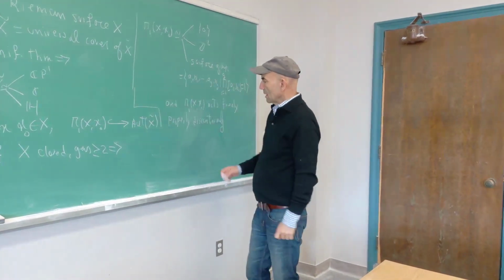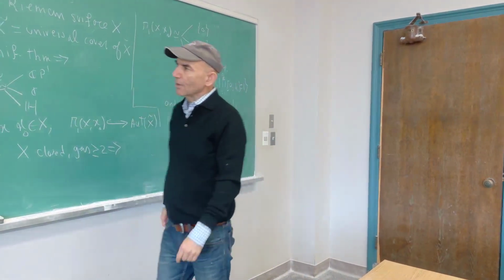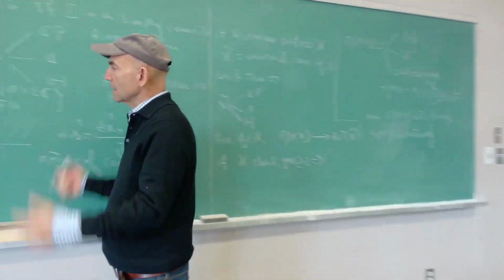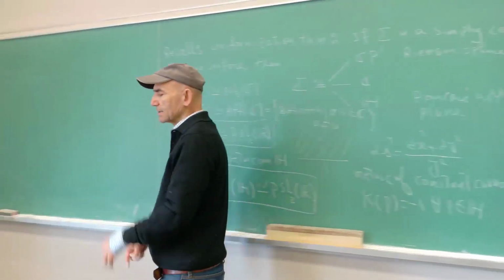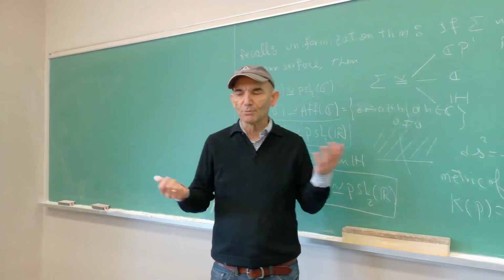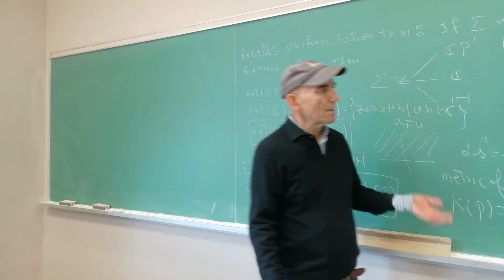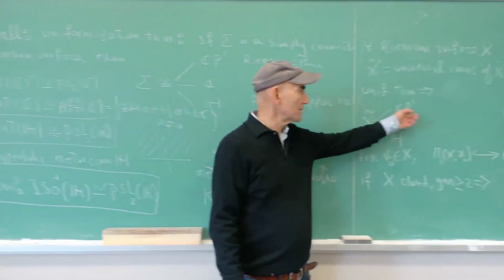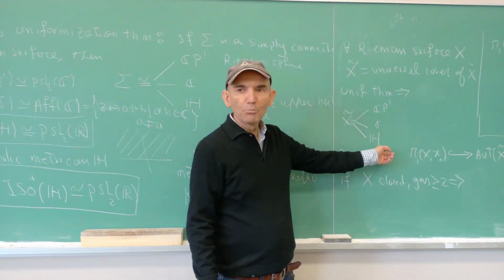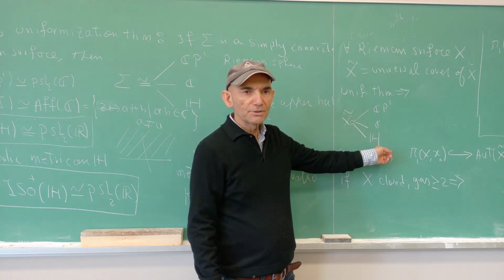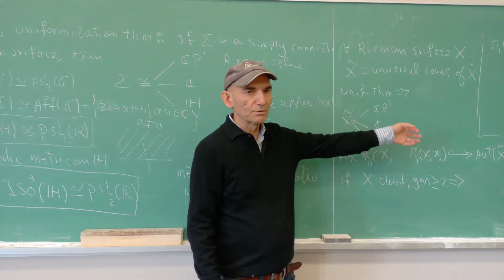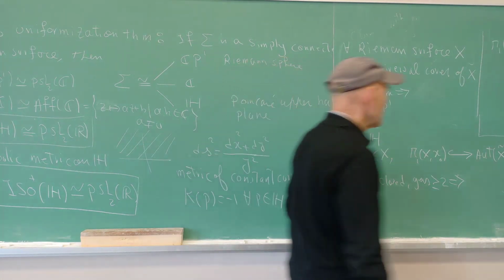Okay, so now what we obtain from here is, in some sense, the structure of all Riemann surfaces, because now we know that they are obtained by quotienting either this or that or this by these subgroups of the automorphism group.